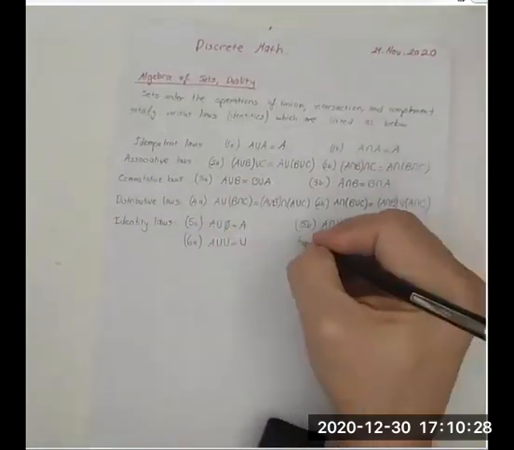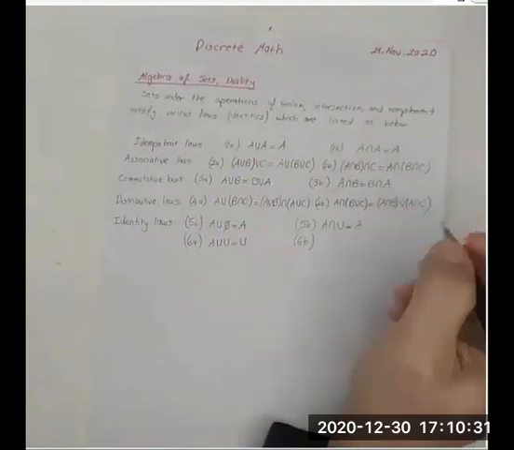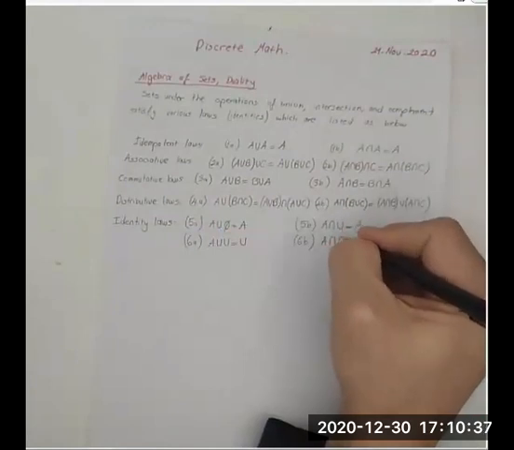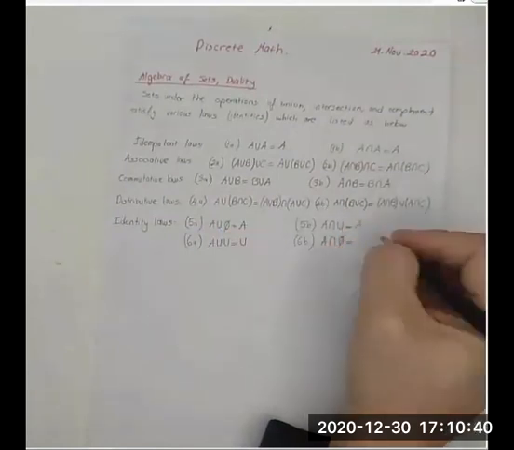And as 6B, A intersection with the empty set is equal to empty set.